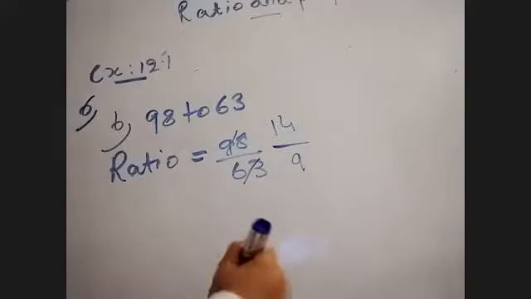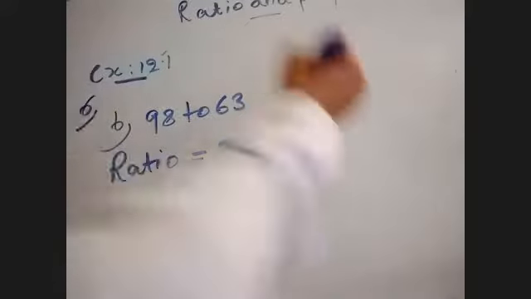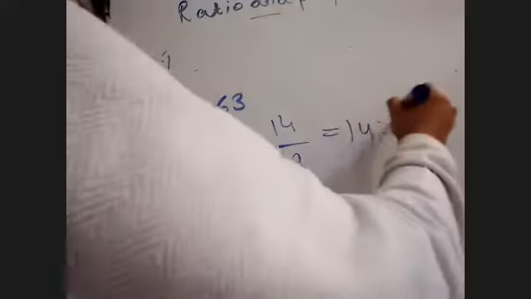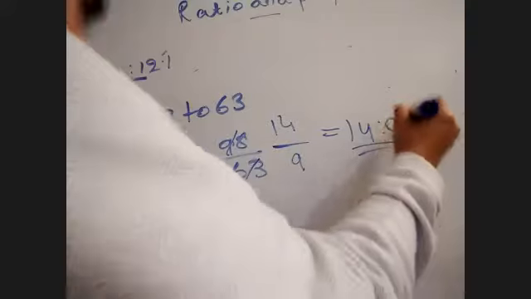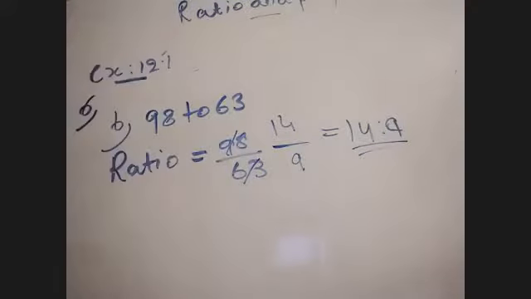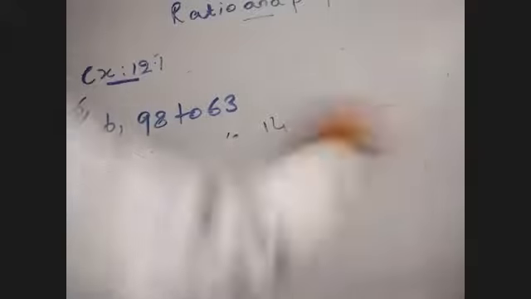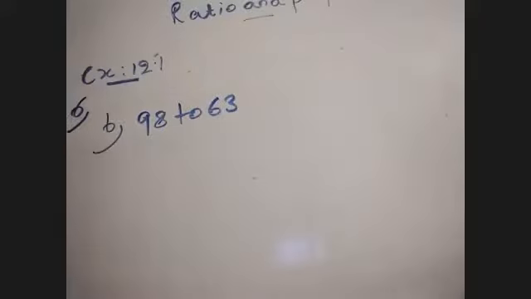You cannot divide by 2, 3, 4, 5, 6, 7, or 8. So 14 by 9 is the answer. Is that clear? We move on to our next question.